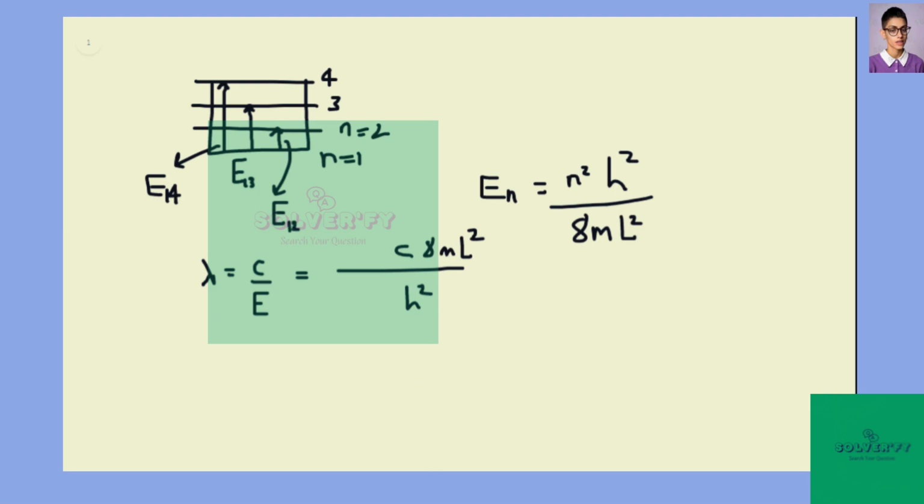So that will be equal to n square minus, because we have an n square, and then accordingly we also need to take care of the ground state, which is 1.